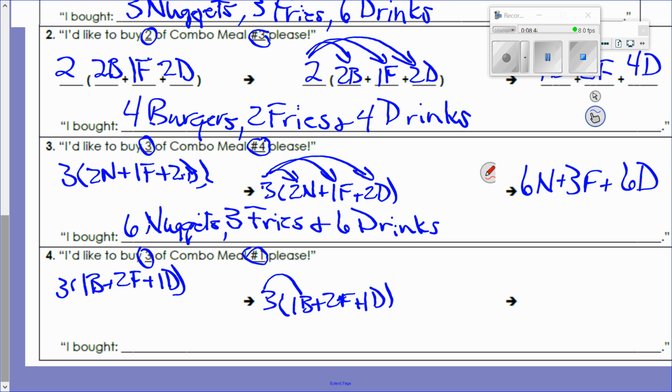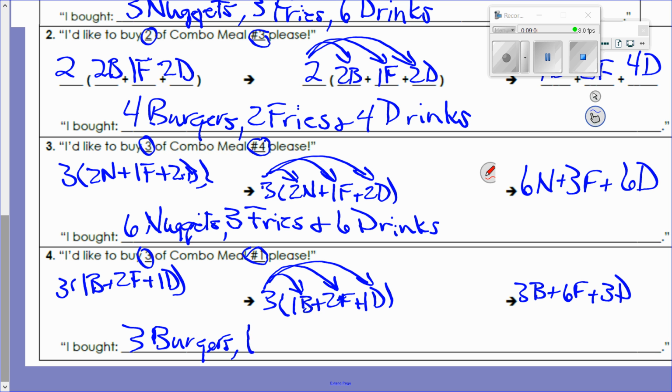I need to distribute that to everything on the inside, meaning I end up with 3 burgers, 6 fries, and 3 drinks. So what did I end up buying? 3 burgers, 6 fries, and 3 drinks.